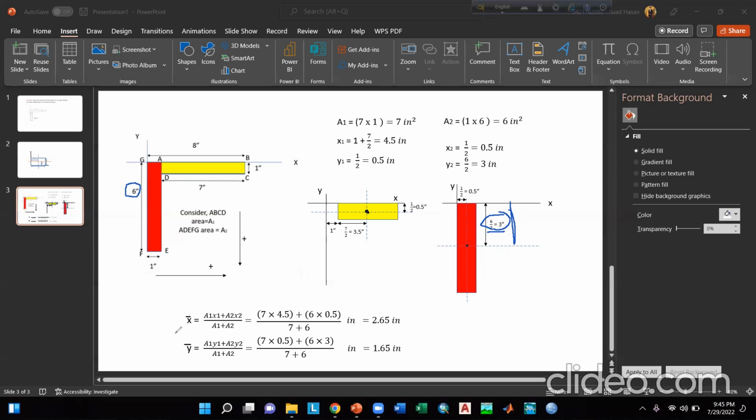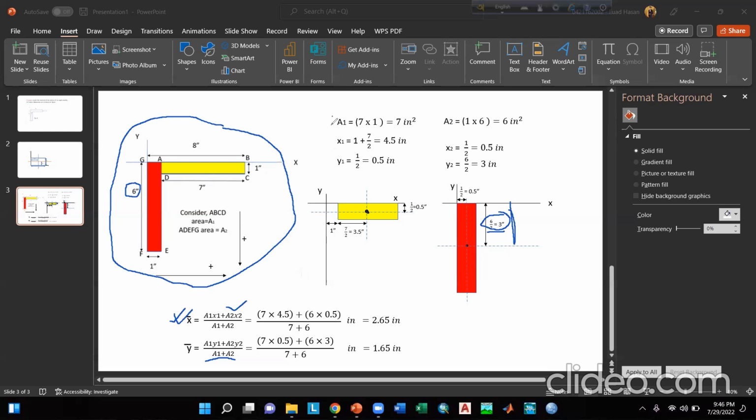Now we have to finally calculate the centroidal distance for this composite body, which is represented as x bar and y bar. So we have to use the formula x bar equal to A1 x1 plus A2 x2 divided by A1 plus A2, and y bar equal to A1 y1 plus A2 y2 divided by A1 plus A2 for this particular composite body.